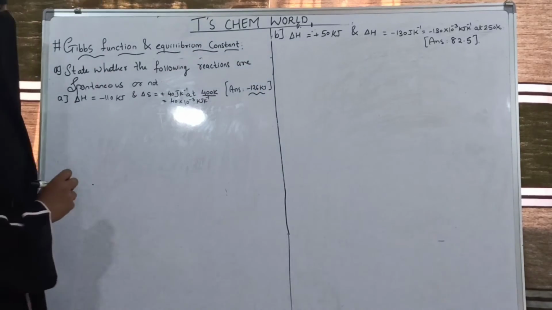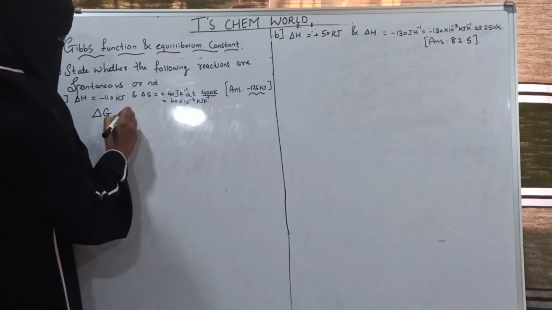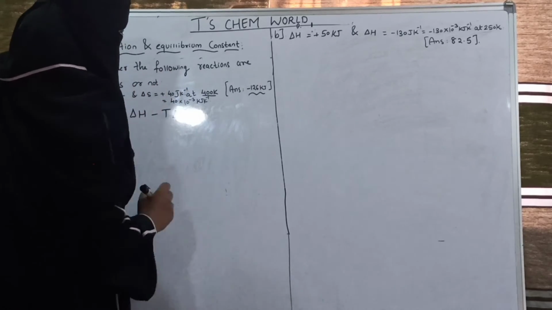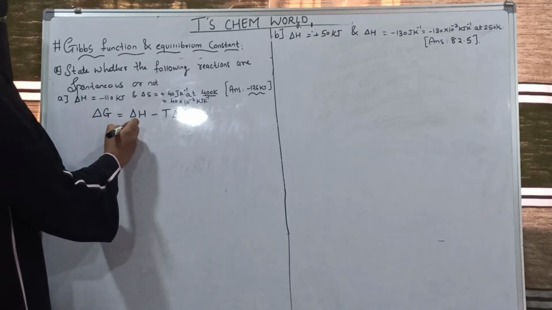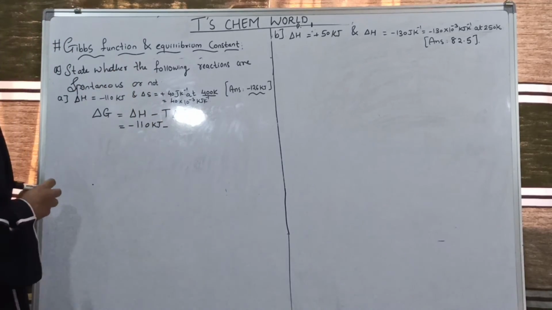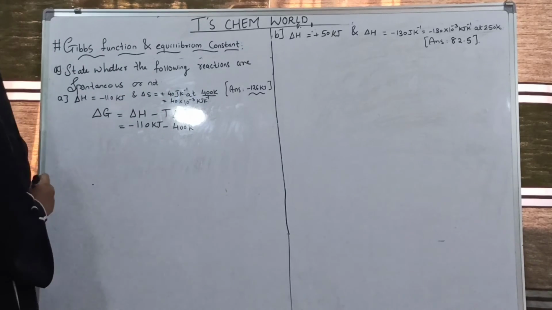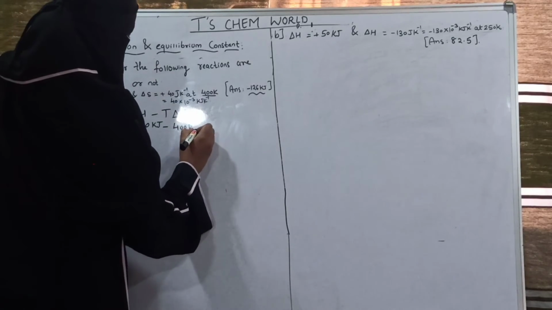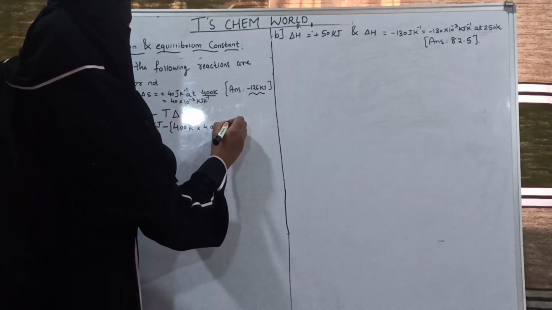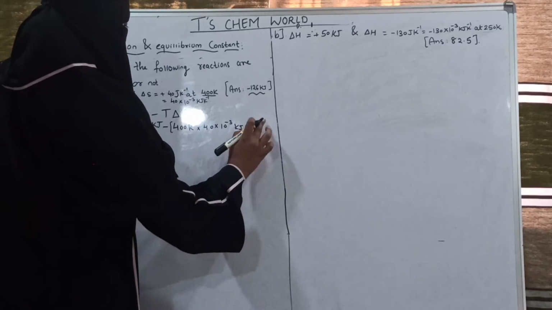To find the spontaneity of the reaction, the formula is delta G is equal to delta H minus T delta S. The value of delta H is minus 110 kilojoule, minus T, the temperature, which is 400 Kelvin, into delta S, which is 40 into 10 raised to power minus 3 kilojoule per Kelvin.